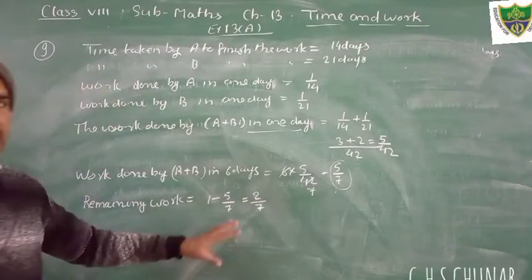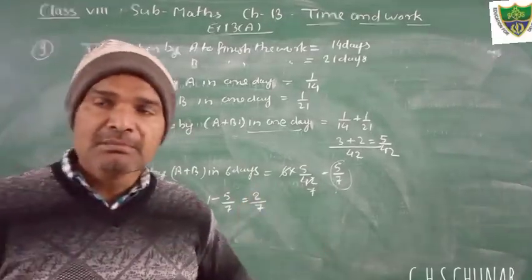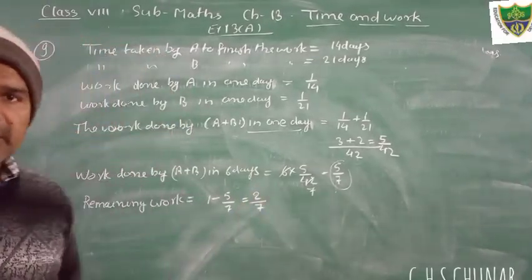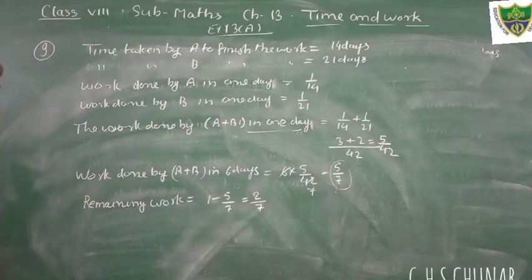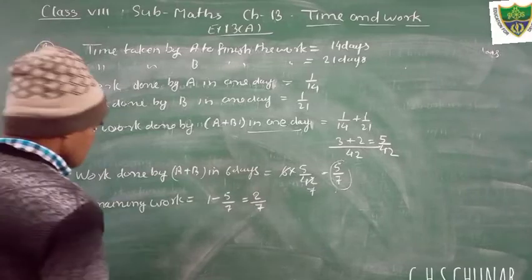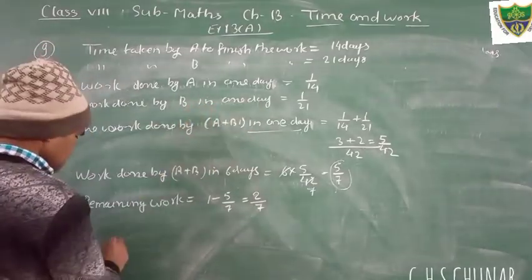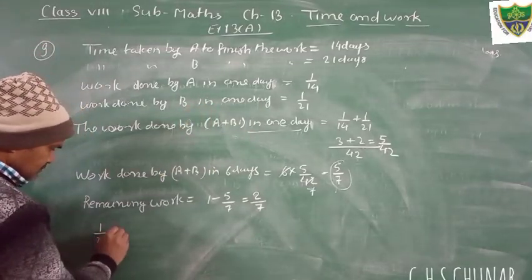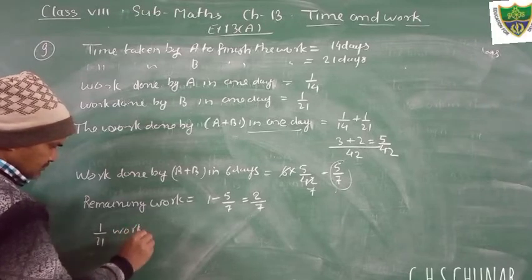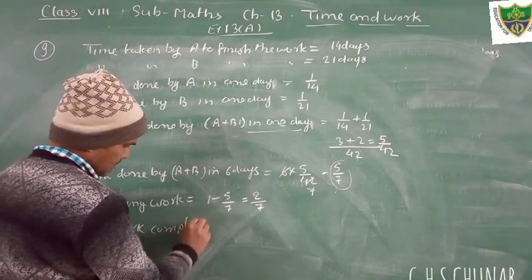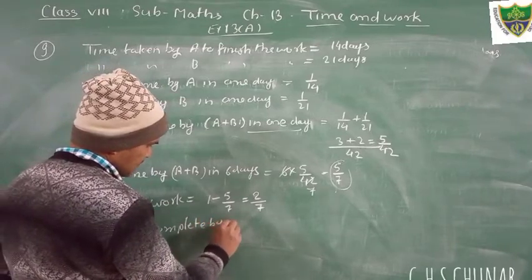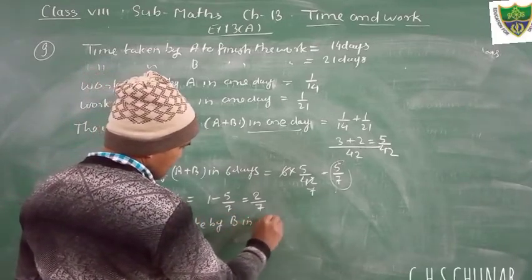Now this 2 upon 7 work is completed by B. 1 upon 21 work is completed by B in 1 day.